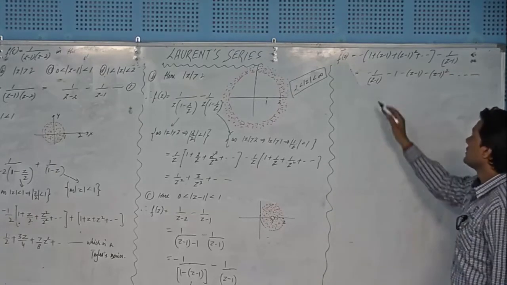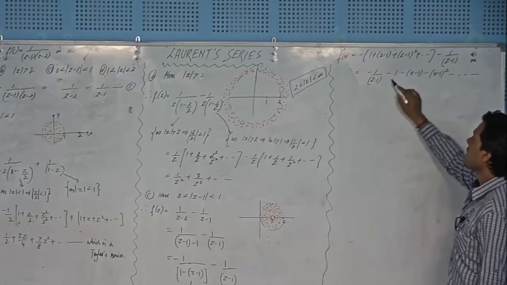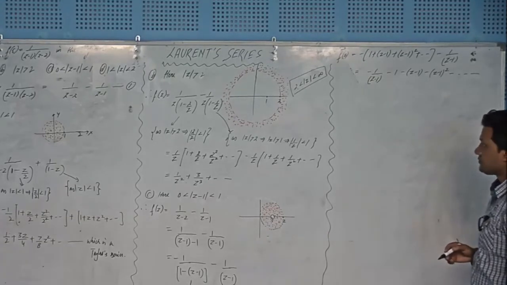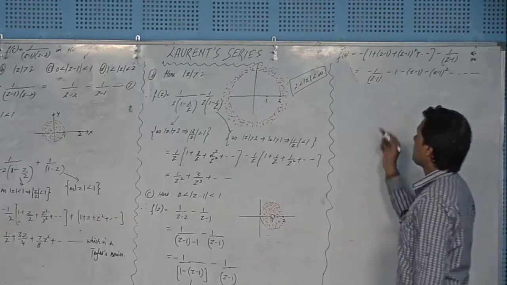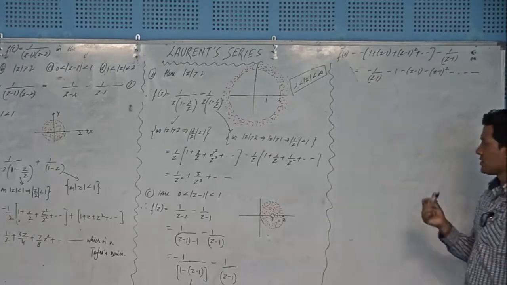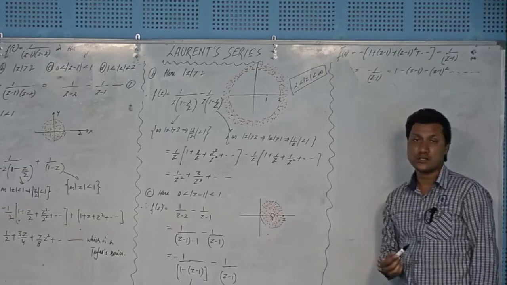So this is your principal part, and the rest of the series is your analytic part, right? You can see that the negative powers of z minus 1 are appearing here because again this was an annular region.